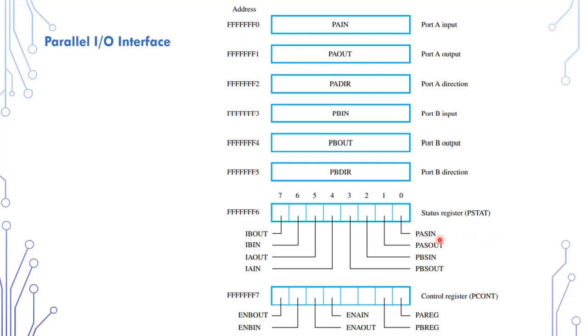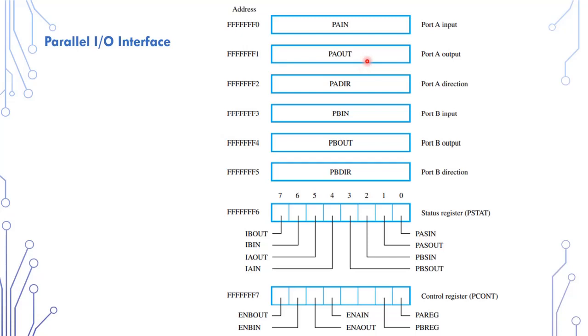The PAS in flag is set to 1 when there is new data in port A. It is cleared to 0 when the processor accepts the data by reading it into the PA in register. The PAS out flag is set to 1 when the data in the register PA out are accepted by the connected device, to indicate that the processor may now load new data into PA out.